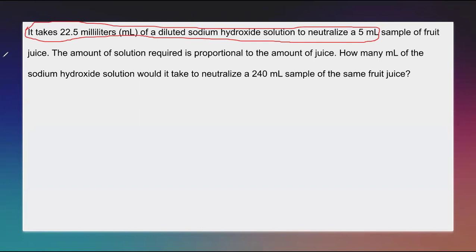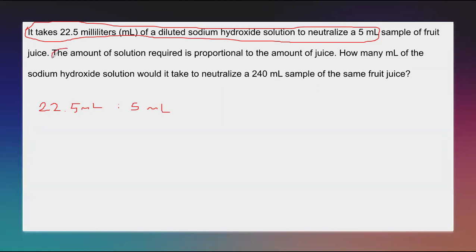So we'll go ahead and write the proportion for that one. We've got 22.5 milliliters of our diluted solution. And that's going to be proportional to 5 milliliters of fruit juice.